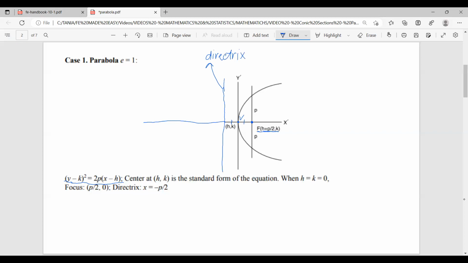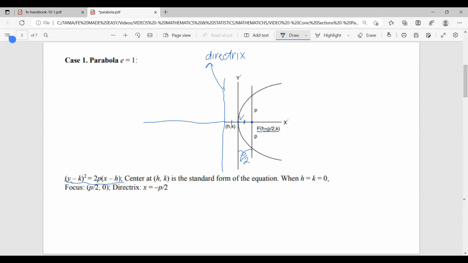And when I look at the focus, I'm seeing the focus coordinates are (h plus p over 2, k). This is the vertex, the parabola's vertex, which is (h, k). And the focus is h plus p over 2, which means the distance over here is p over 2.